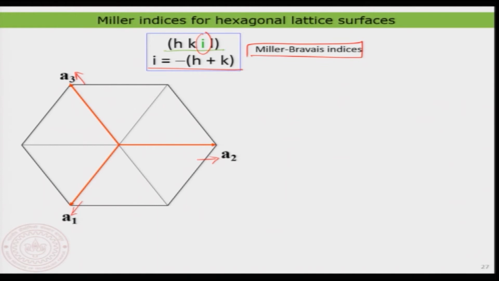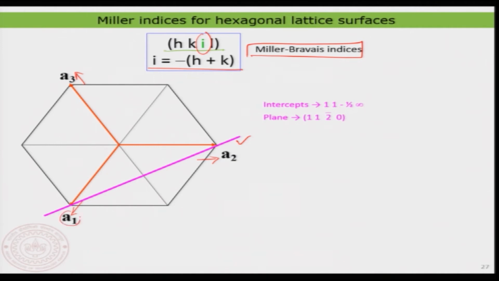Now, if I want to create a plane inside this, let us assume that I want to create a plane like this in the hexagonal lattice. What I need to do is look at the intercepts of this plane along the different unit lattice directions.